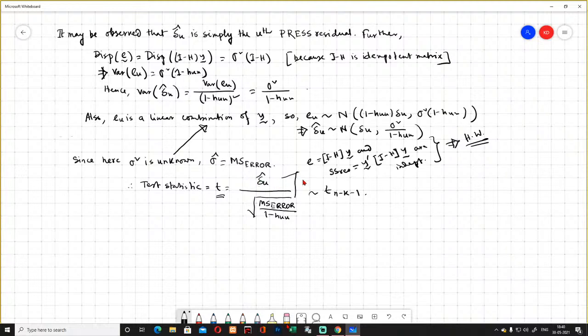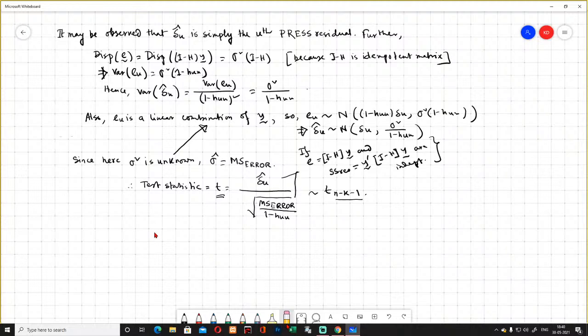Actually, I want to say that if these are independent, then this follows a T distribution with n − k − 1 degrees of freedom. Otherwise we cannot write that. So first we need to check whether this is independent or not.